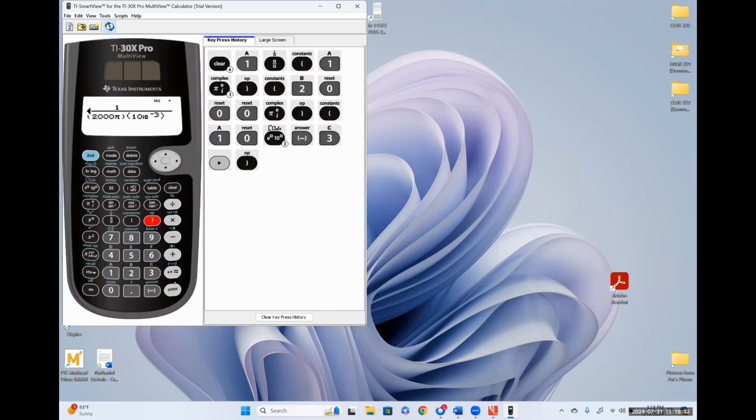Close parentheses. And I'm going to store this in my calculator as X. You'll see why in a moment.